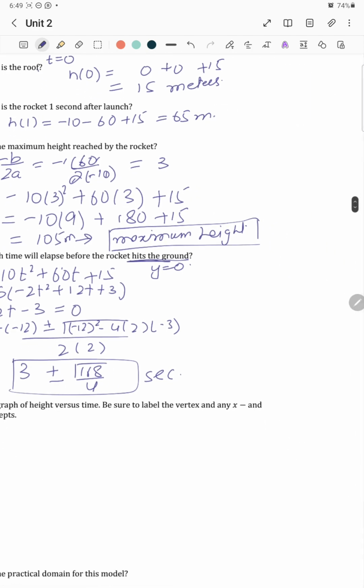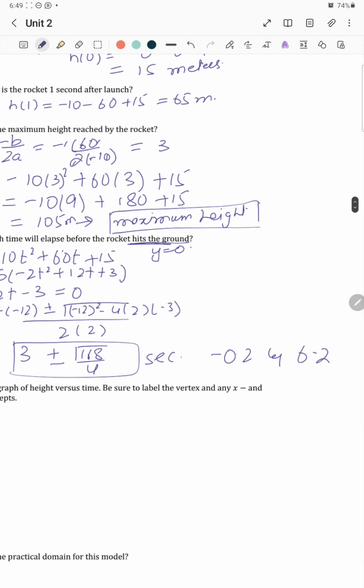Once we solve it with plus and once with minus, we will get -0.2 and 6.2, and we know the time is always positive, so it would be 6.2 seconds.